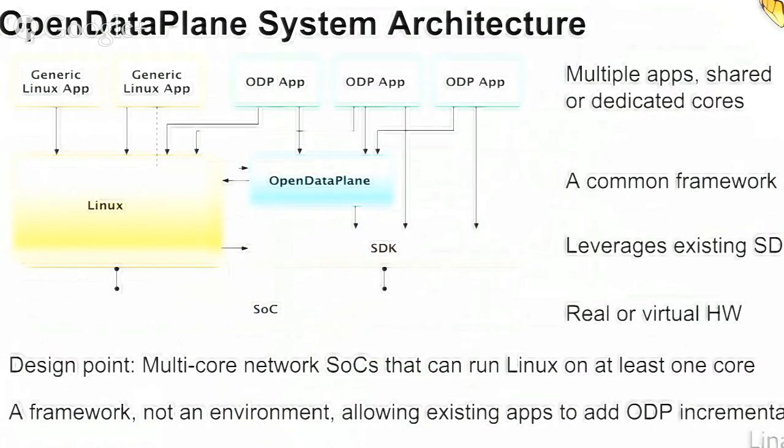That's sort of the vision for ODP. The design point is multi-core SoCs that can run Linux on at least one core. And what we're really providing with ODP is a framework rather than an environment, allowing existing apps to deploy ODP services incrementally.